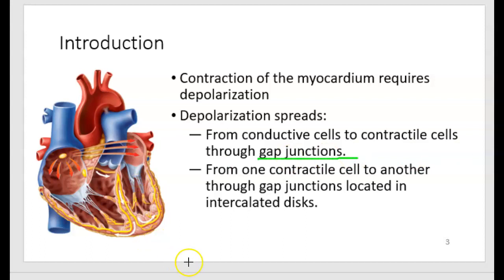In addition, once a set of contractile cells in the myocardium have been depolarized, they can also spread the depolarization to neighboring cells. And so that depolarization is going to spread from one contractile cell to another through gap junctions again, but those are located in intercalated discs, which you've seen under the microscope when we looked at cardiac muscle histology.